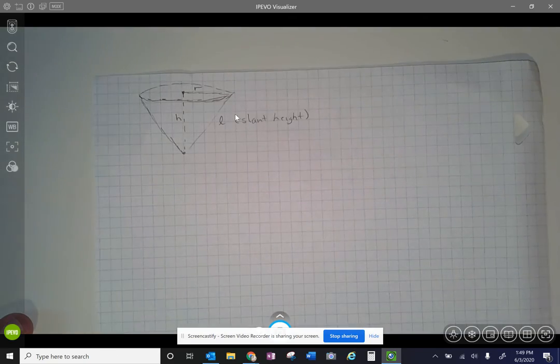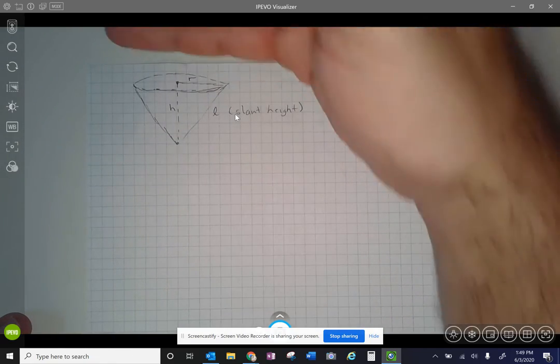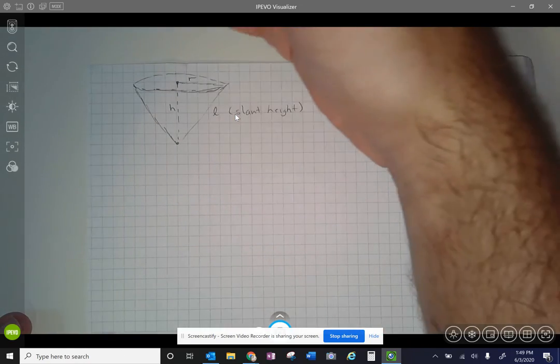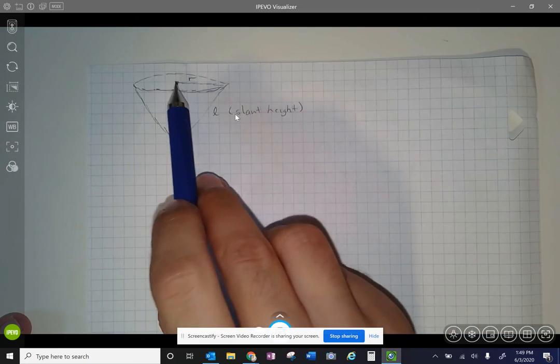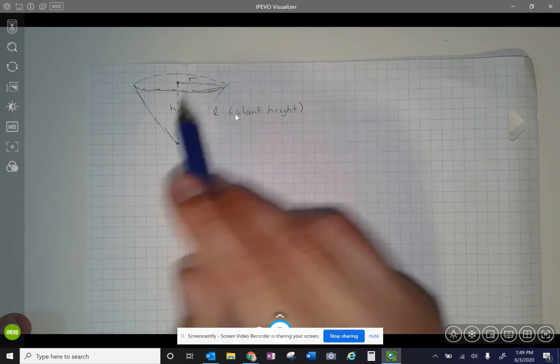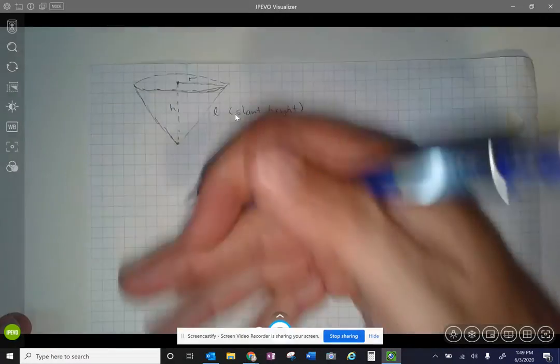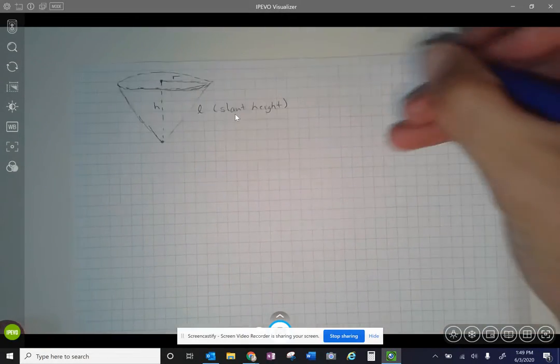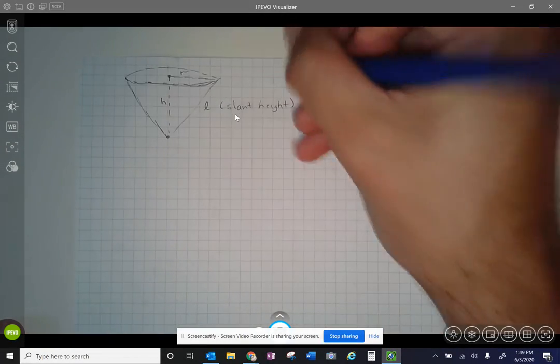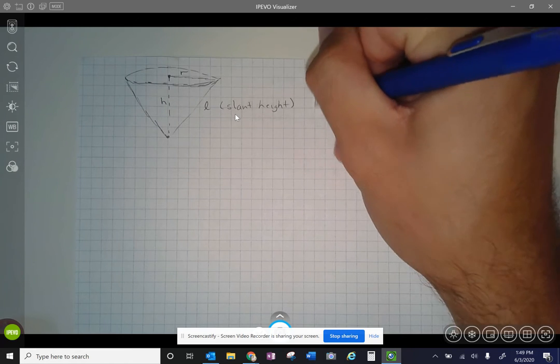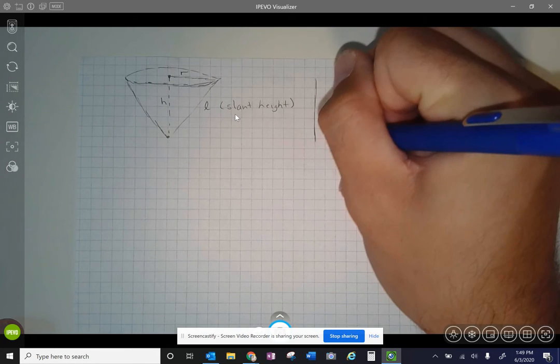Then I'm going to imagine just cutting straight down, and I'm just going to look at this triangle specifically. In other words, if I slice this cone straight down, I want to look at this. You kind of have to get a little creative in imagining with me.